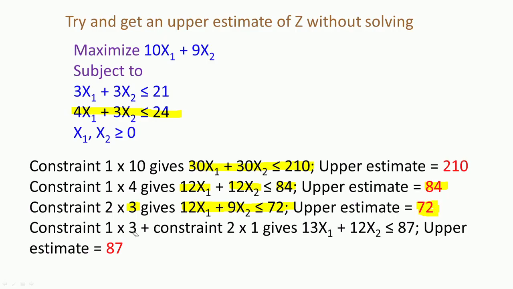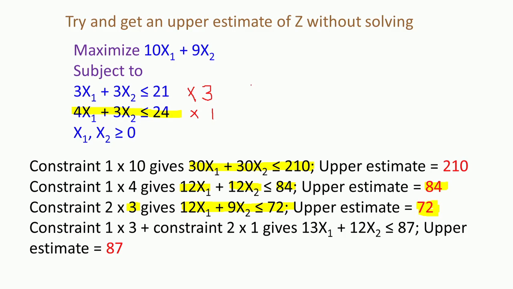So if we take multiple constraints, we take two of them, multiply the first constraint by 3 and multiply the second constraint by 1, or simply add the second constraint. So when we multiply the first constraint by 3, we get 3 into 3. So what we do is, this is multiplied by 3 and this is multiplied by 1, which is the same as adding it.